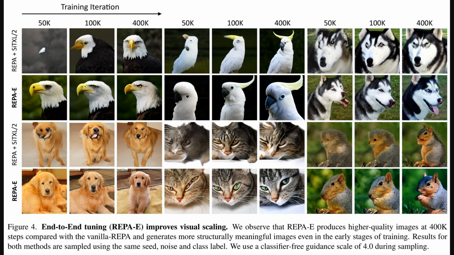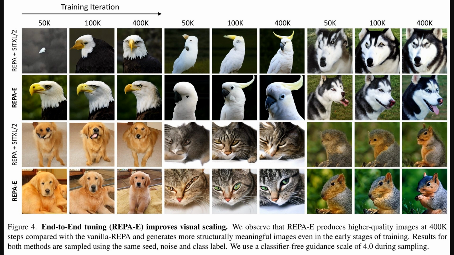Okay, so we just saw how the naive end-to-end approach messes up the latent space. Figure 4 here gives us a nice visual comparison, showing the actual image quality differences between standard REPA and their REPA-E method over training. You can see rows of generated images, eagles, dogs, cats, squirrels, at 50,000, 100,000, and 400,000 training steps.